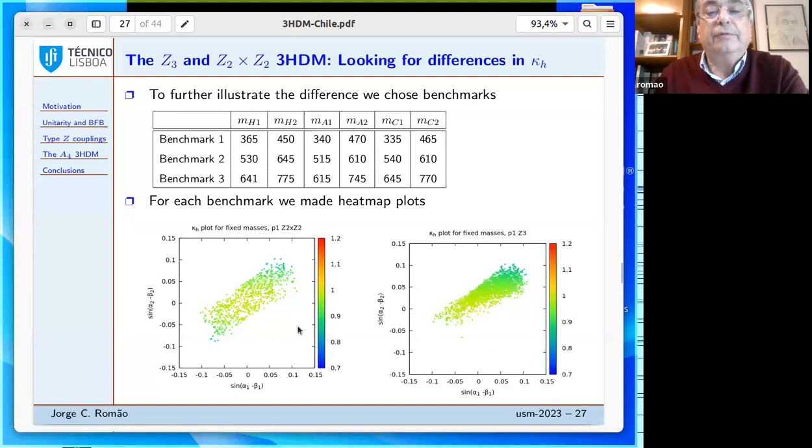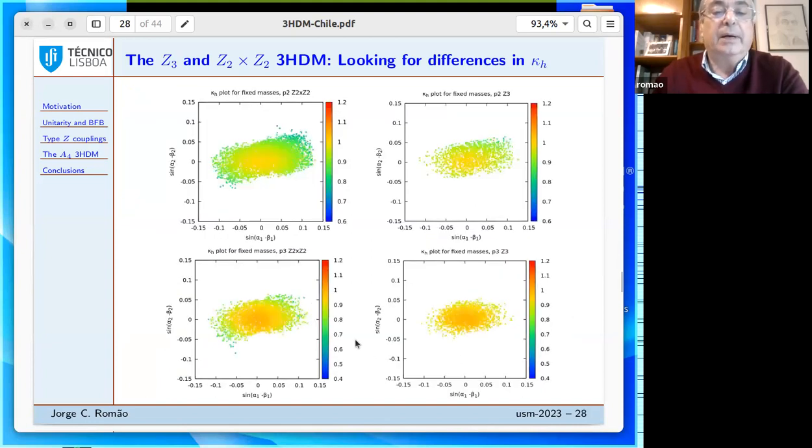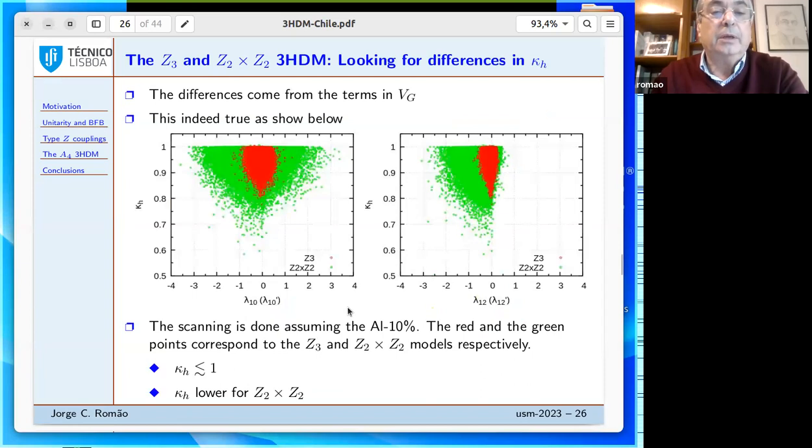For lower masses, there is not so much difference. But if you go to heavier masses, for this plot here you don't have any green, and here you have green, which means that you can get to lower values of kappa H in Z2 cross Z2 with respect to Z3, as it was also clear in these plots here.